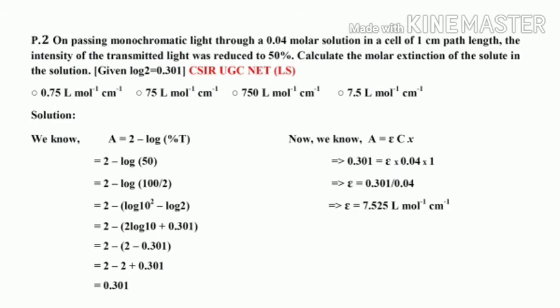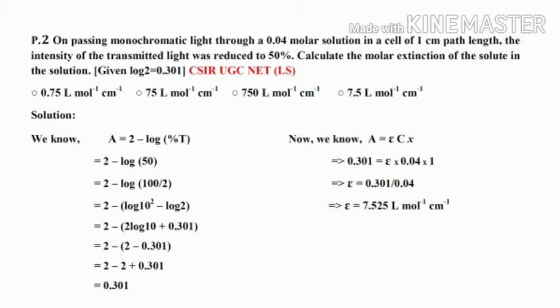Now here is another problem which was set in CSIR UGC NET examination. The problem is, on passing monochromatic light through a 0.04 molar solution in a cell of 1 centimeter path length, the intensity of the transmitted light was reduced to 50%.